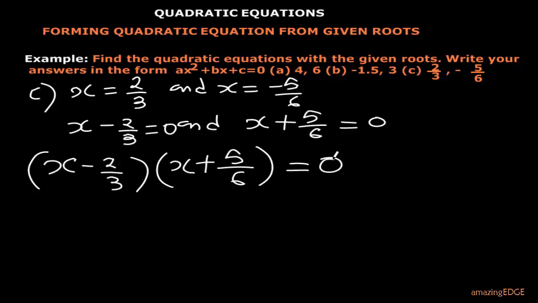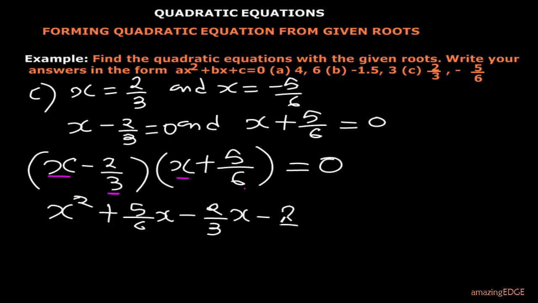So now here we have x times x gives you x squared. Here you have x times 5 over 6 will leave you with plus 5 over 6x. And here you have minus 2 over 3 times x, that will leave you with minus 2 over 3x. And finally, you have minus 2 over 3 times 5 over 6, equals 0.